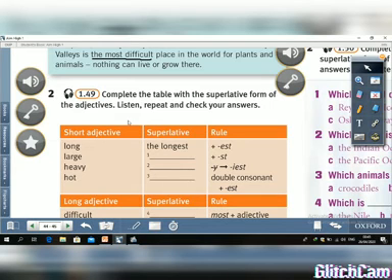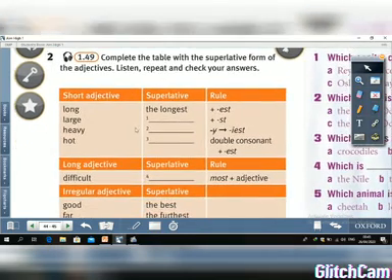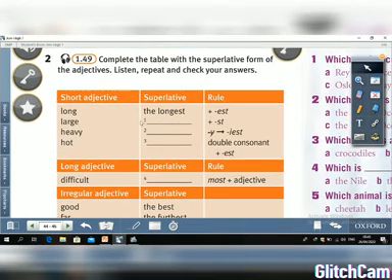Also in superlative we have long adjective, short adjective, and irregular. What will we do? Yes, with long becomes the longest, large becomes the largest. I will put st at the end. Heavy, yes, the heaviest. I will remove y and add iest. Hot, I will double the consonant at the last to become the hottest.